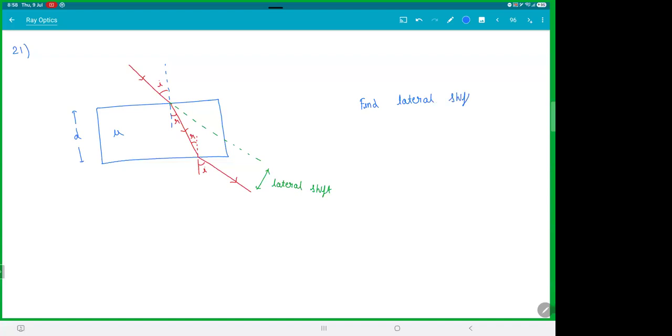So this is a very interesting thing. So when you pass through a slab, you'll go with I, you'll come out with I, but it's not in the same line anymore. It's still parallel, but shifted a bit.